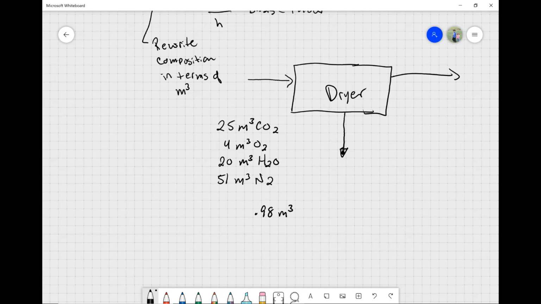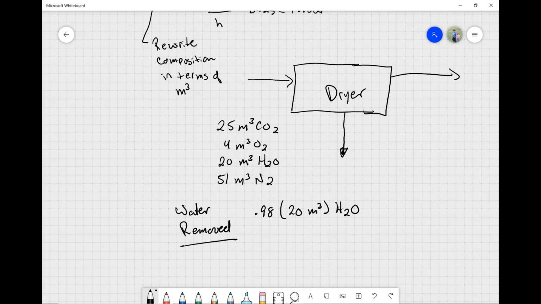They told us it's a liquid, but we know how much leaves and ends up going into this stream. So 0.98 times 20 cubic meters of water removed.